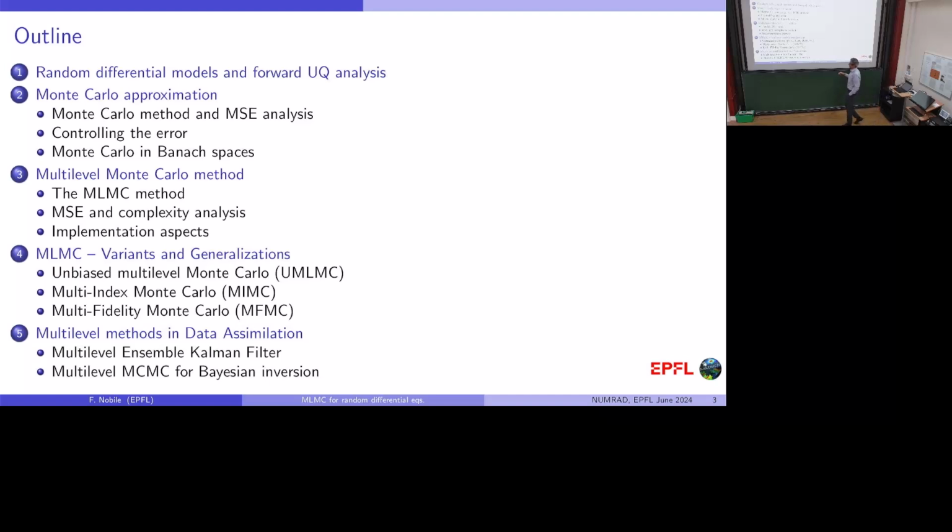And I would like to say a few words on the Multifidelity Monte Carlo. Again, there is a sort of zoo, there are many versions of this. I would like to discuss the version that was proposed by Benjamin Peherstorfer, Karen Willcox and Max Gunzburger a few years back, and how it relates to multi-level Monte Carlo. So probably this I will do after the coffee break.